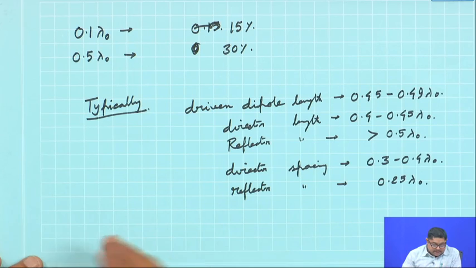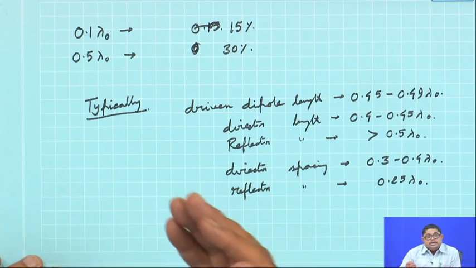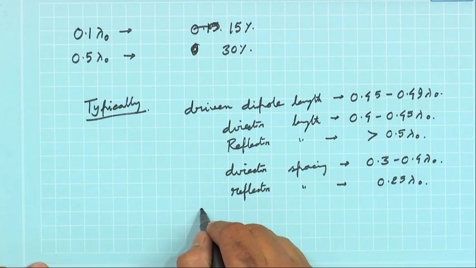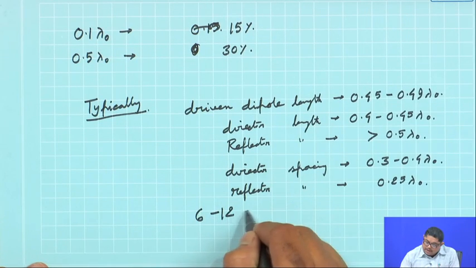For directors, you can increase the number of directors and that increases the radiation performance, but beyond a certain number of directors, the induced current in that director is so small that its contribution to radiation becomes negligible. Usually the designers have 6 to 12 directors.